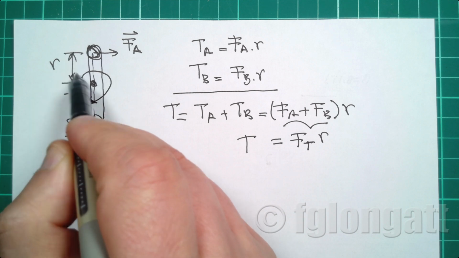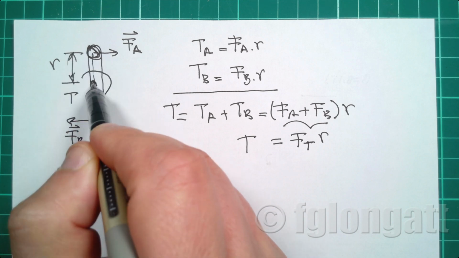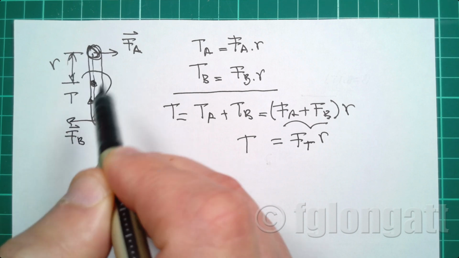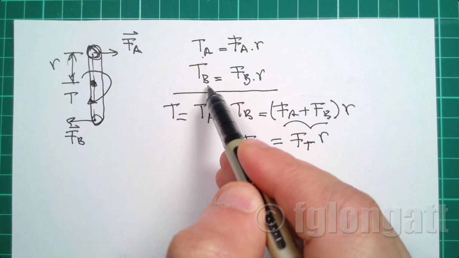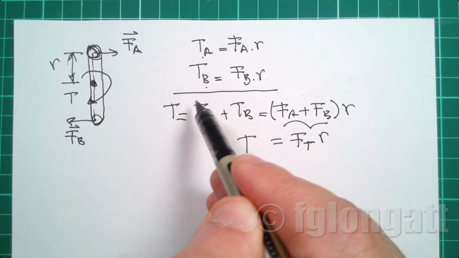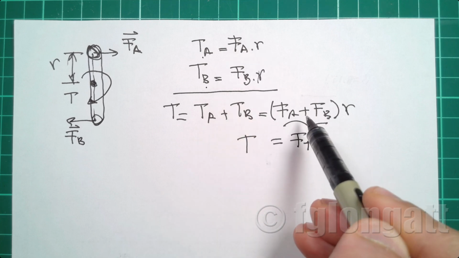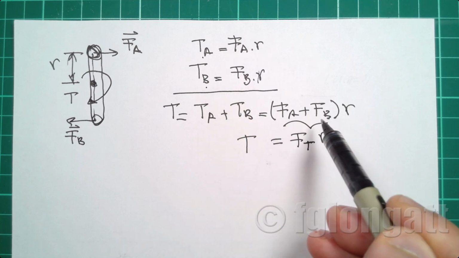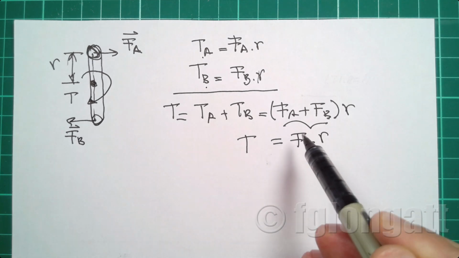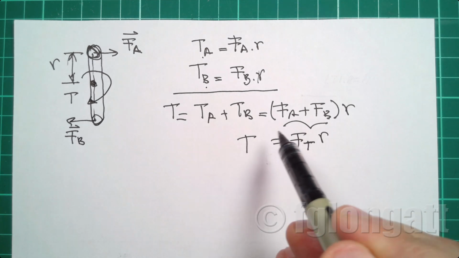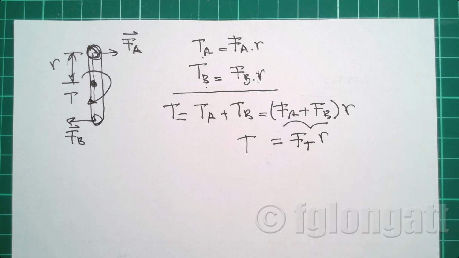Both forces are using the same distance to the rotating point. So the torque A plus the torque B is equal to the total torque. And using those equations by basic mathematics, we can sum those forces and we obtain the total force. And the total torque will be the total force multiplied by the distance. So that is what I will do right now.